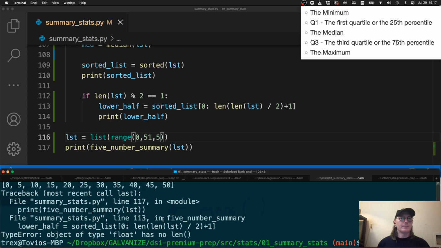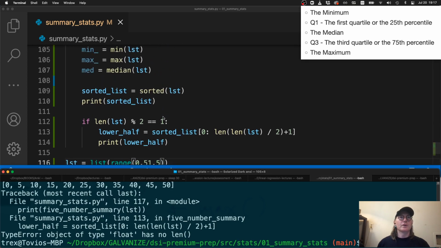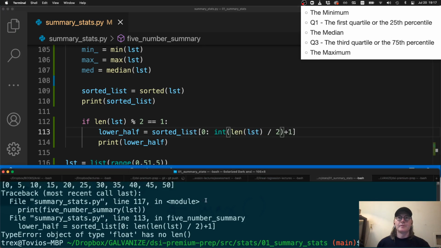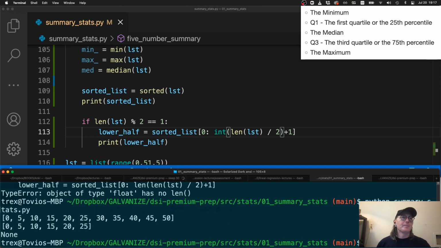Oh, float has no length. What am I doing wrong there? Ah, int. I'm casting to int here because we can't index with a float.